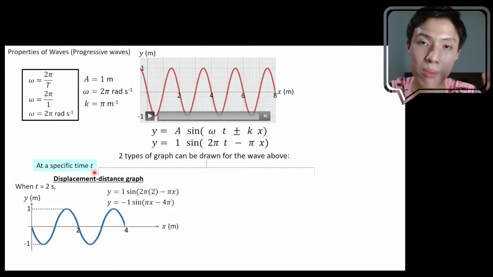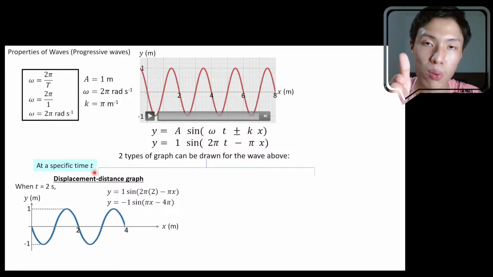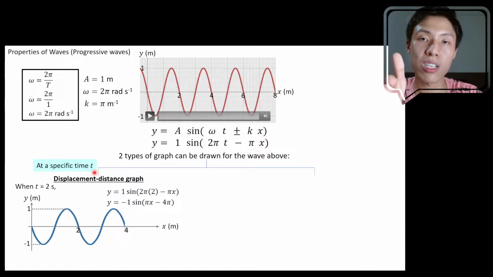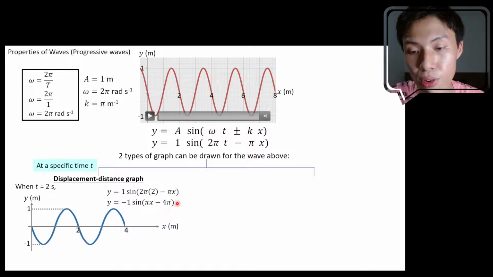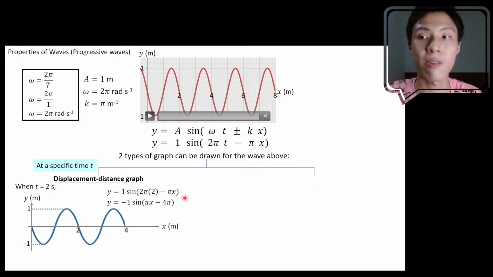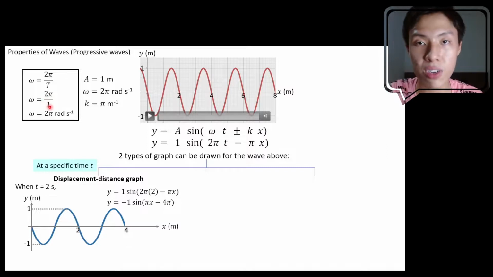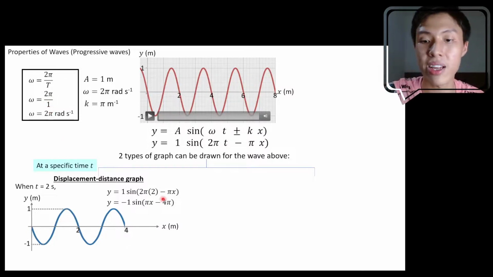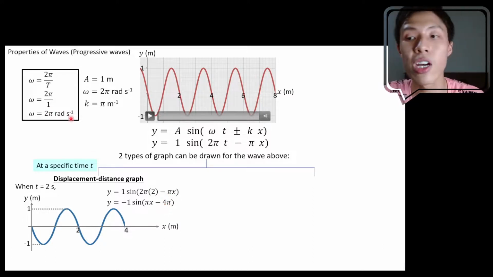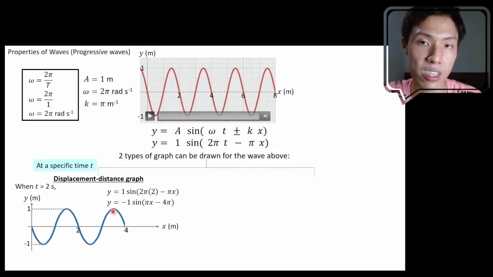So 1 period passed, you have progressed by 1 complete wave cycle. Another period has passed, you move for the 2nd complete wave cycle. That's why you shift your graph to the right by 4 pi. Because t equals 2 here means you have undergone 2 times the period. That means your graph has been shifted by 2 times the wavelength. That's why you shift your graph by 2 complete wave cycles. So everything here connects with each other.